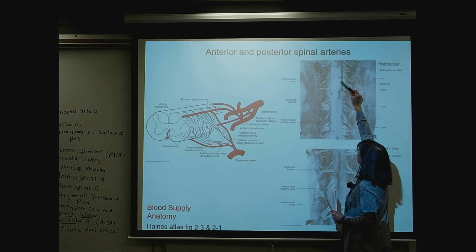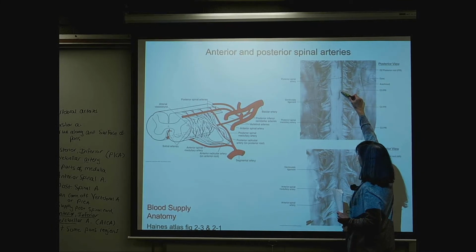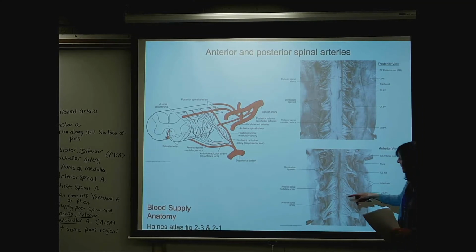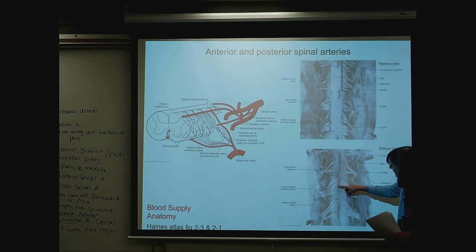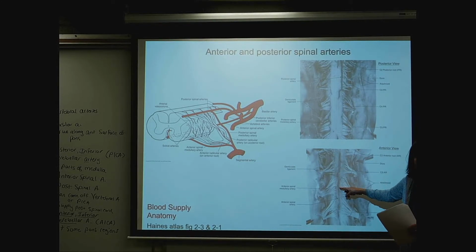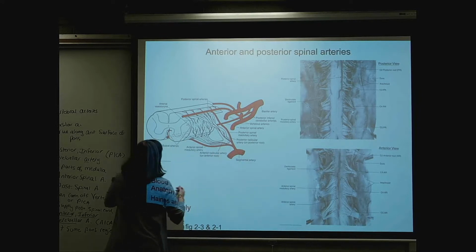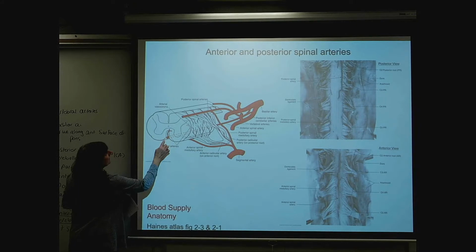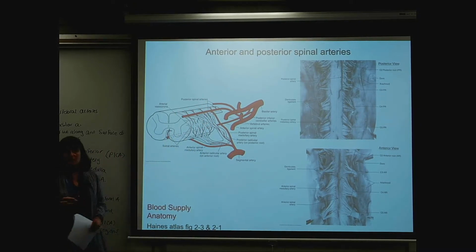There's going to be two of them, one on each more lateral region of the spinal cord. In contrast, if we're looking at the anterior view of the spinal cord, we're just going to have a single midline artery coming down. So those arteries can give you clues as to which part of the spinal cord you're looking at, anterior versus posterior. And that's shown also in this diagram. So our anterior spinal artery is going to run medially, and then our posterior is going to have two spinal arteries that are offset from the midline.